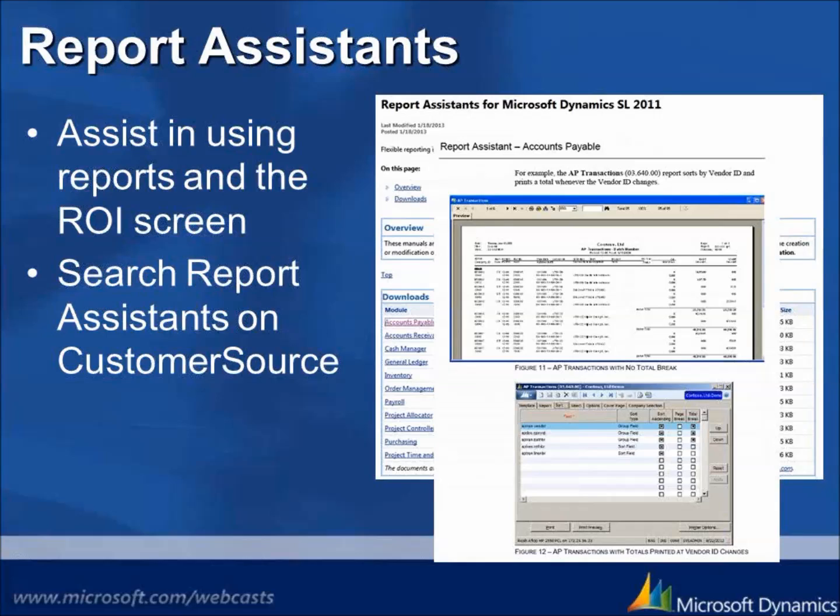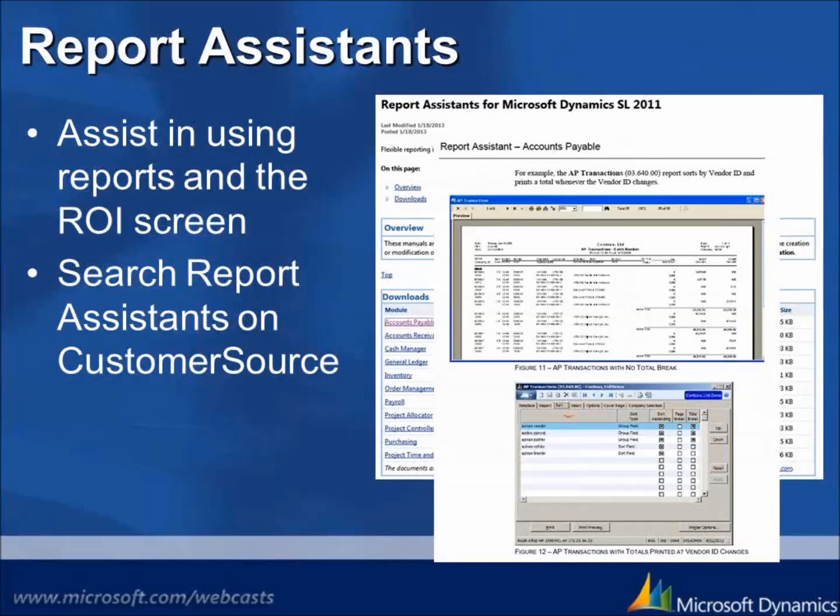because a lot of times when you're looking at a specific screen in SL, you might say, hey, I'd like to sort on that field on this screen, but I'm not really sure what that field is. Well, there is another page in the report assistants that will show you a screen, and it will tell you the field name of all the fields that you are looking at.